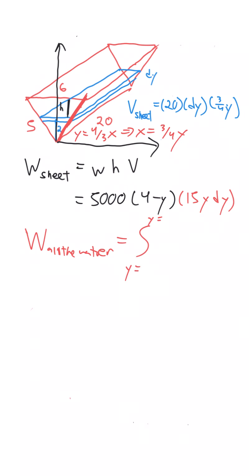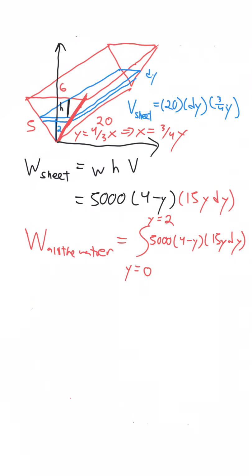What will those y's be? We're going to go from 0 up to 2, because you're only going to look where the sheets of water currently are, and then we multiply it times this thing we have, 5,000 times 4 minus y times 15y dy.